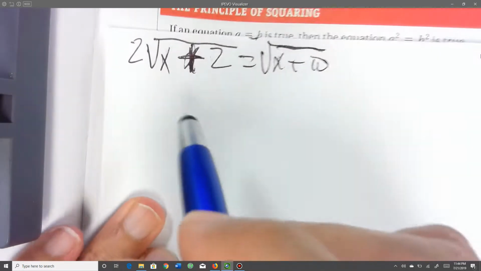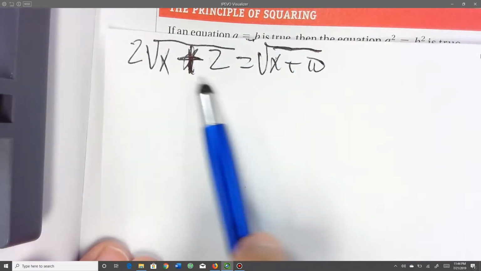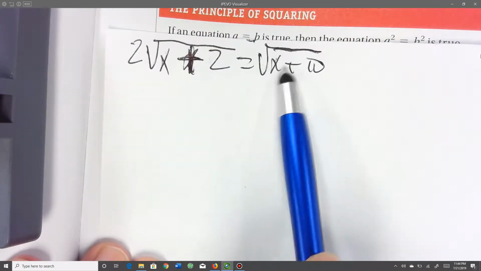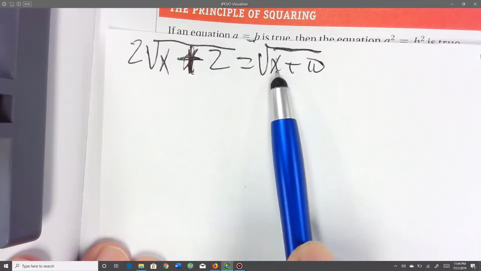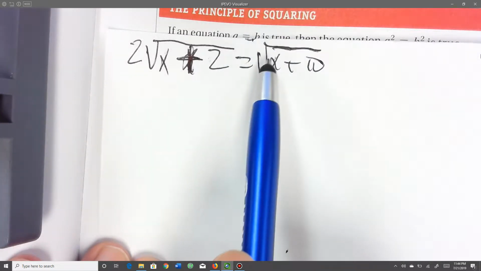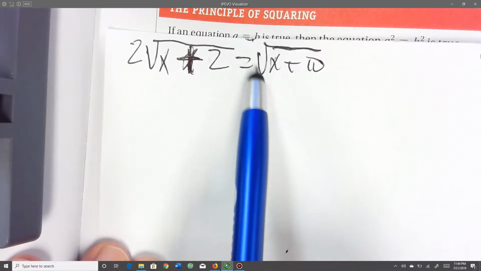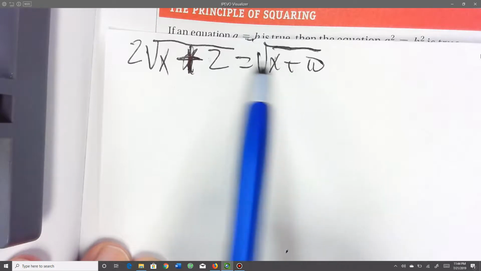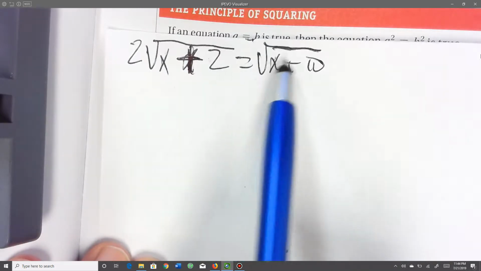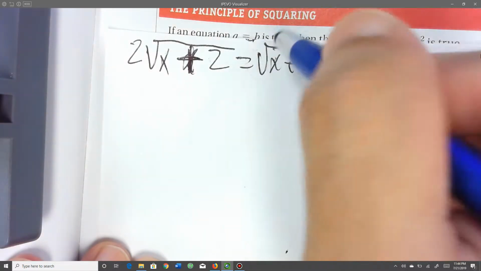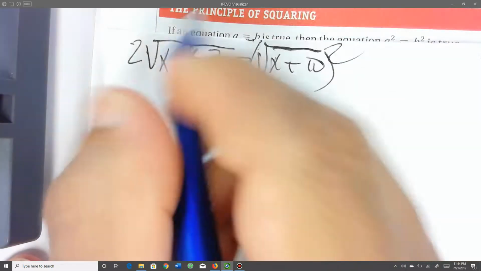Okay, so what did we say the rule was when we had variables inside radicals? Go ahead and isolate the radical. In this case we have 2, however, one of them is already isolated, so we can go ahead and square both sides.